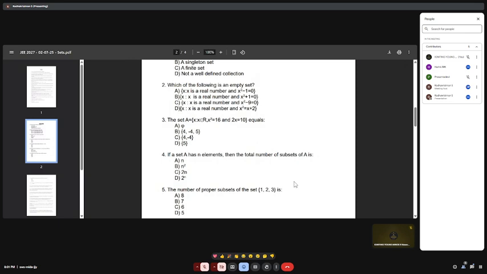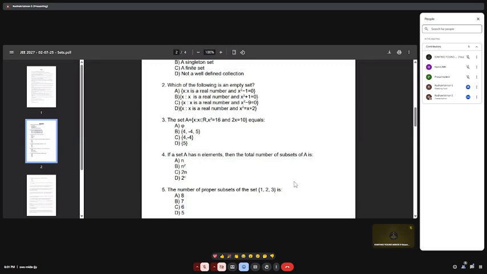So what is the difference between a subset and a proper subset? The proper subset excludes the set itself. The set itself we have to remove. That is the one with all the values 1, 2, 3. That is a subset, but not proper subset. Proper subset, you have to exclude the set itself.